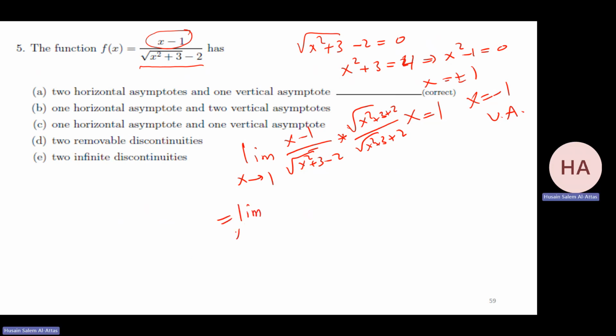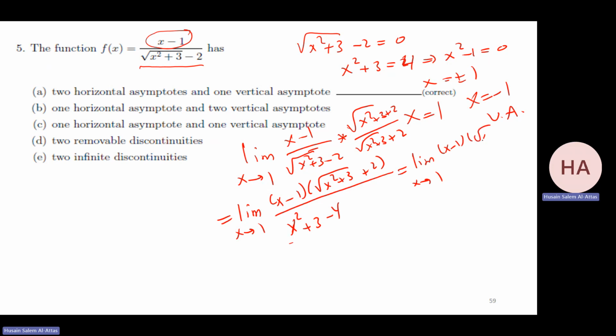You are getting x minus 1. Here we have x squared plus 3 minus. This is x squared minus 1, so that will be killed.